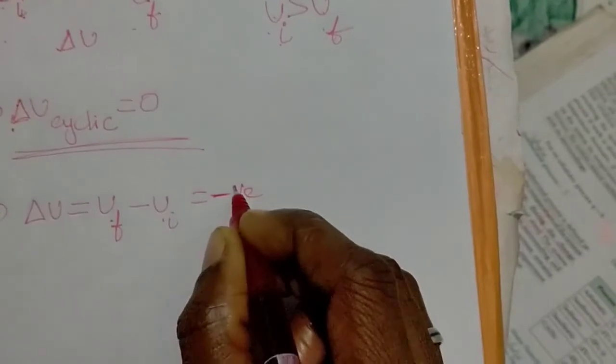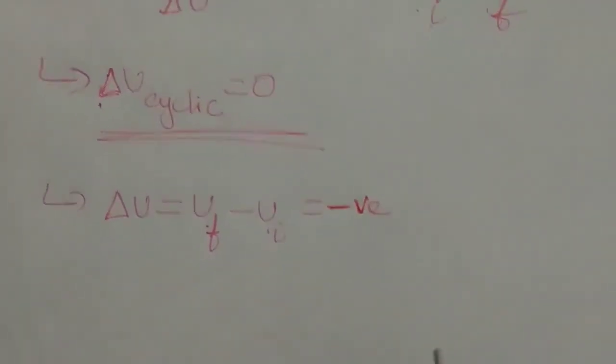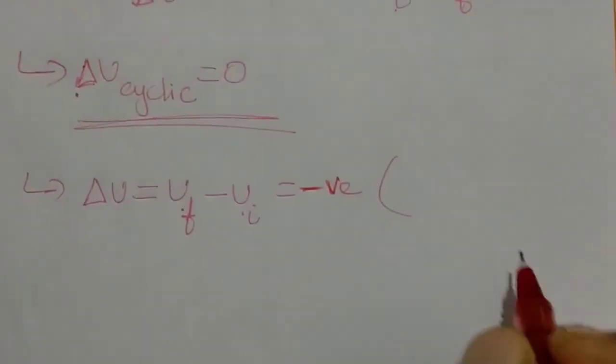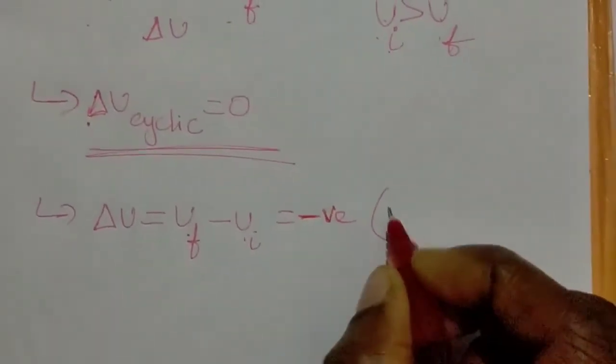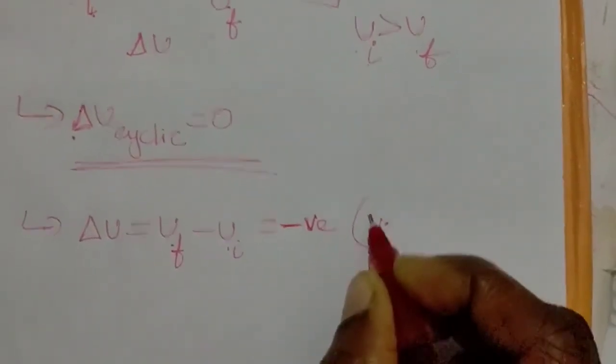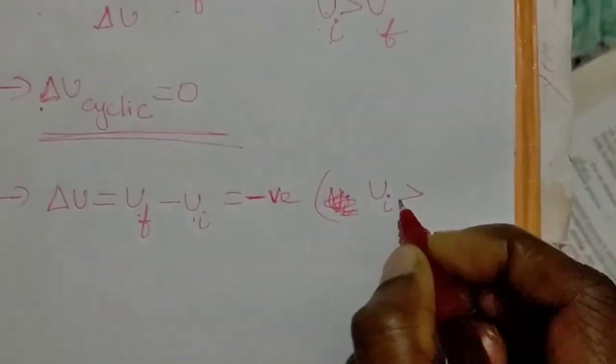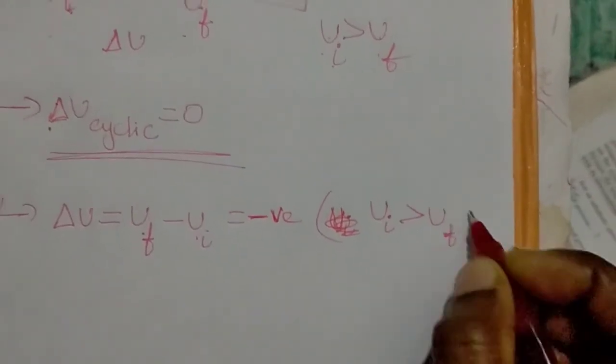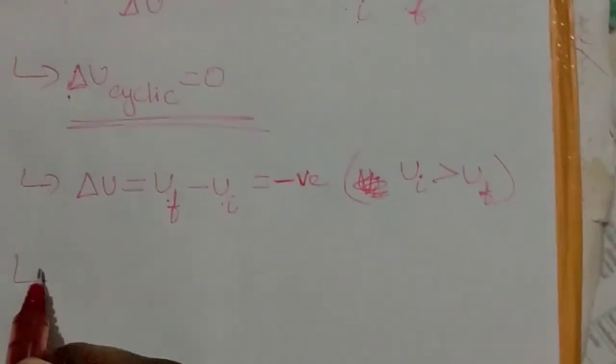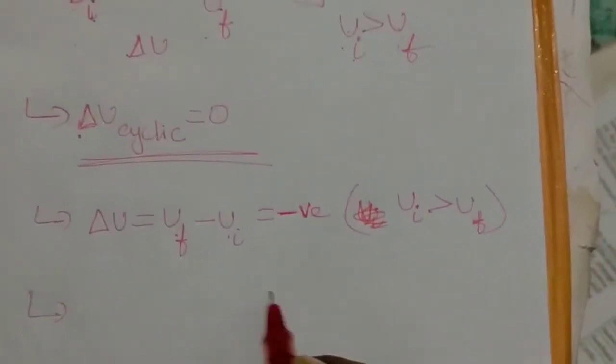So what is the condition for getting negative internal energy? Initial stage internal energy greater than the final stage internal energy.